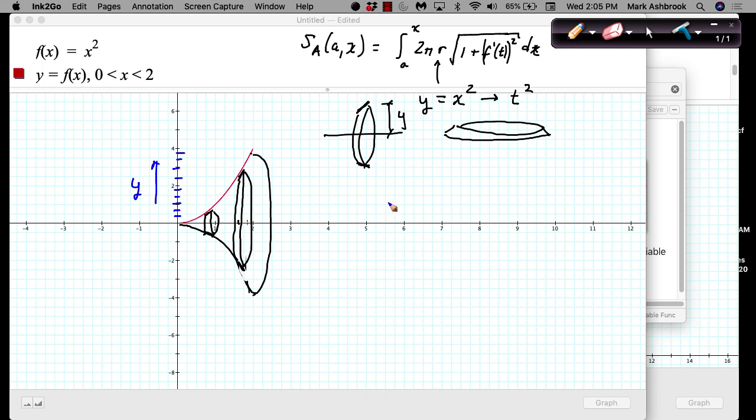So the question is, are my ribbons vertical like this still, or are they now horizontal ribbons? Are they like this? Is that right? No, that's not it. That's a different surface. That's if that function was rotated about the y-axis.